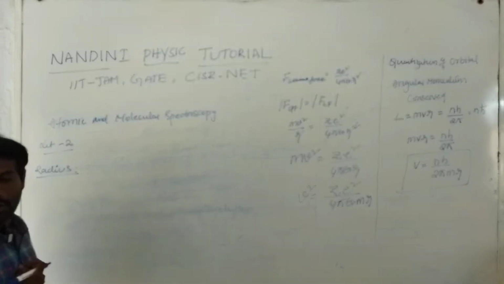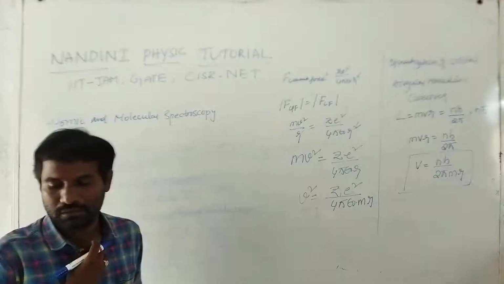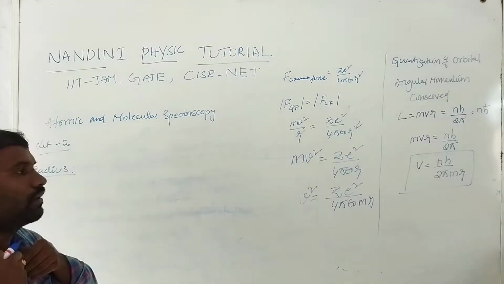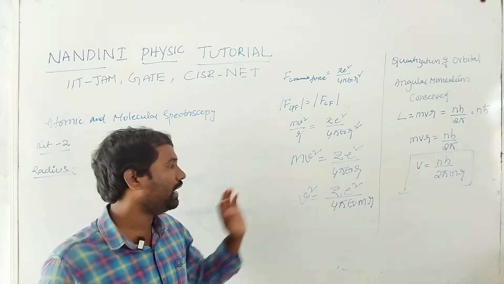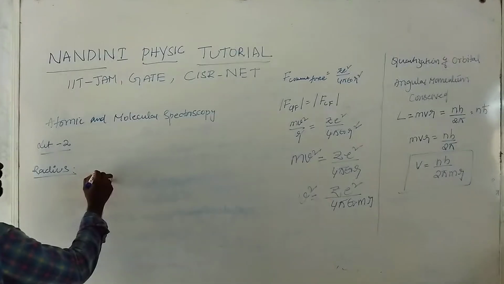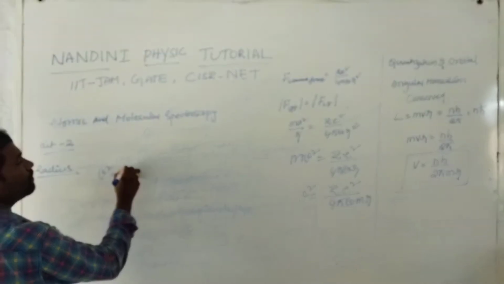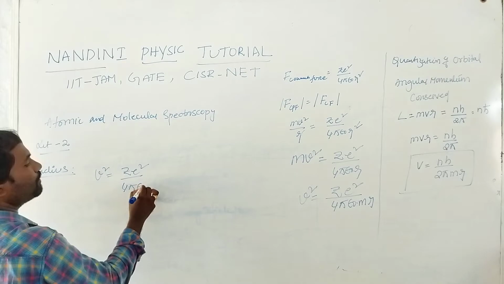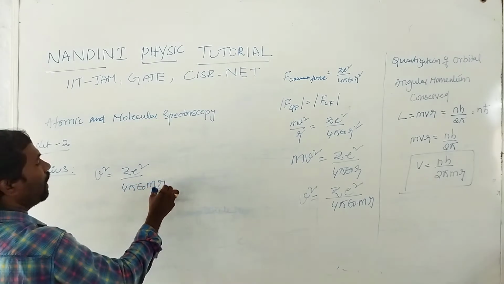Classically I already have one equation. That equation is v square is equal to ze square by 4 pi epsilon naught m r.